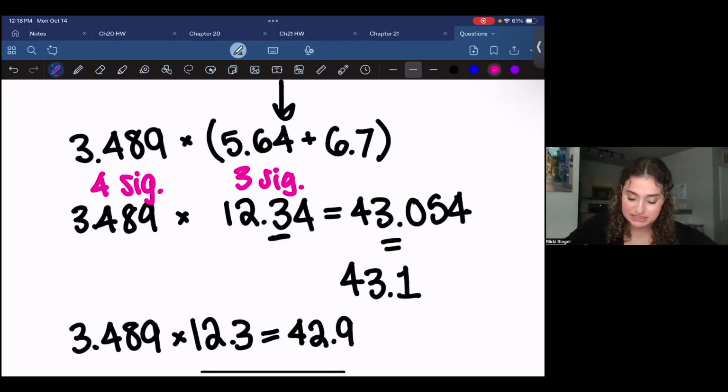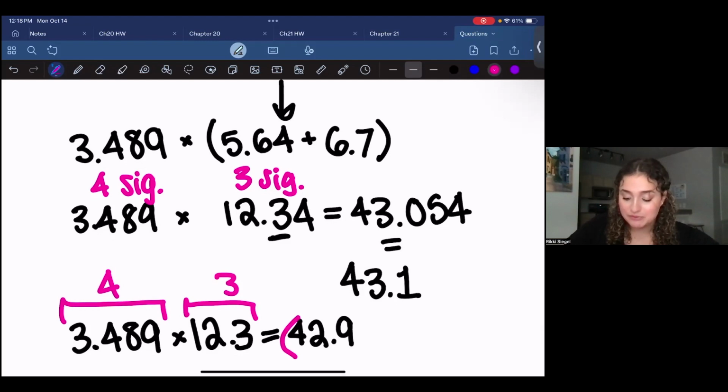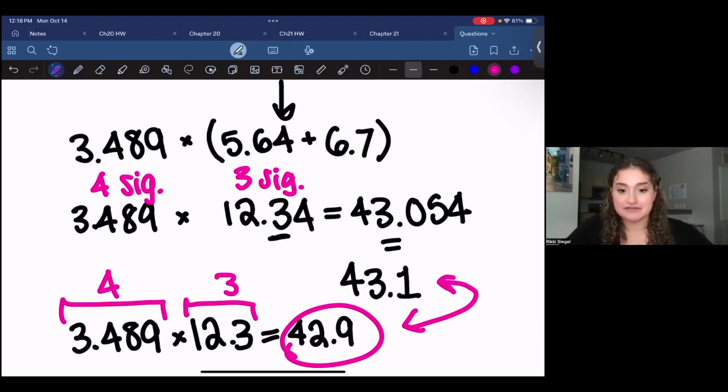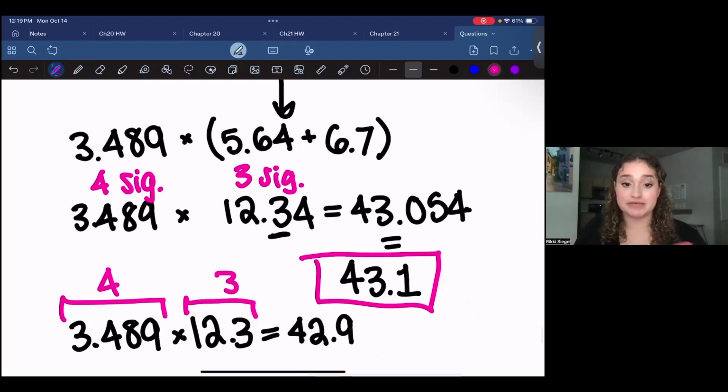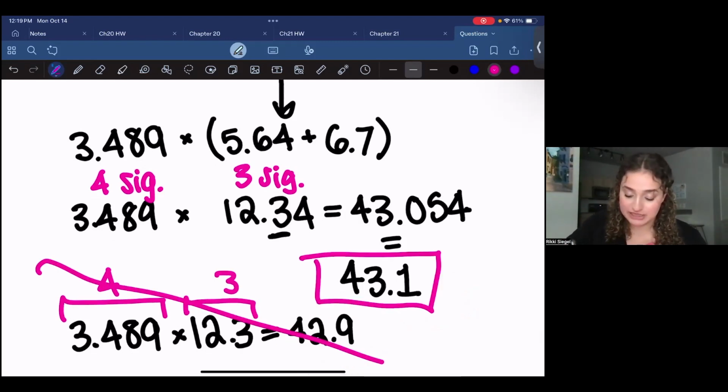In this case, you see that you have 3 sig figs here and 4 sig figs here. Our answer would have to be 3 sig figs. These two are completely different numbers. If you had this question on an exam, you will likely have both of these numbers as an answer choice. You need to know that this is your correct answer because you cannot round until the end.